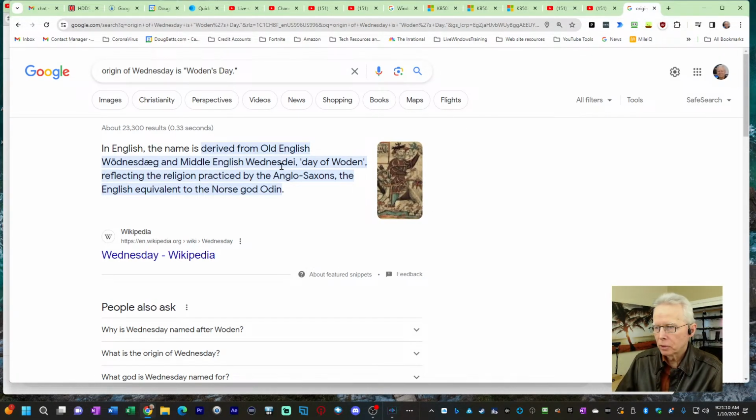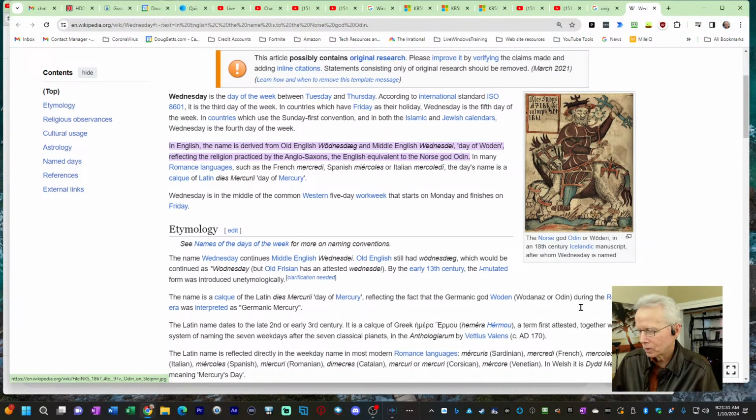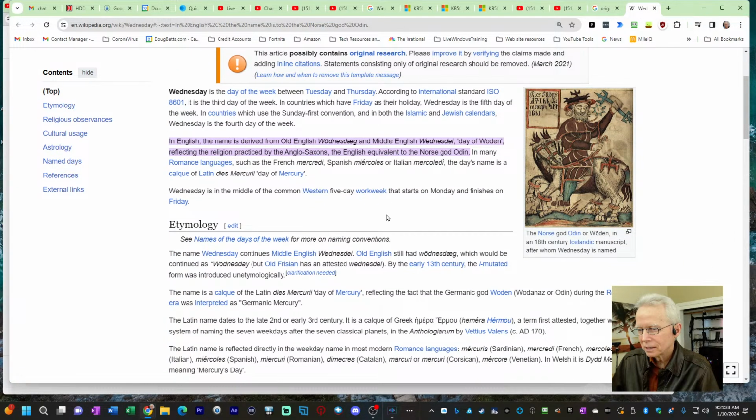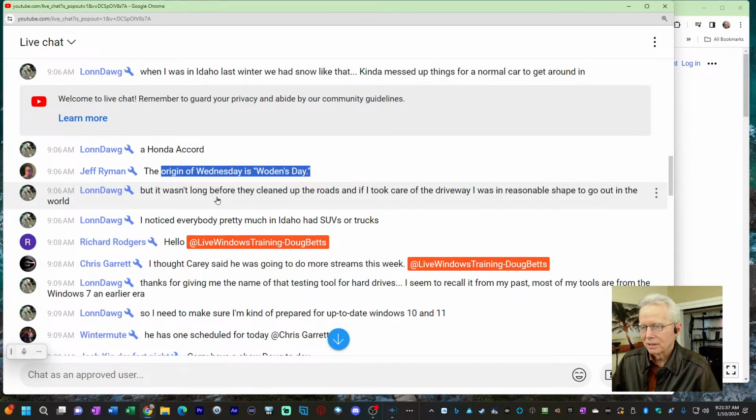In English, the name derived from Old English Woodnesdag and Middle English Wednesday, Day of Wooden, reflecting the religious practice of the Anglo-Saxons, the English equivalent to Norse god Odin. More on that here. Interesting. Thank you.